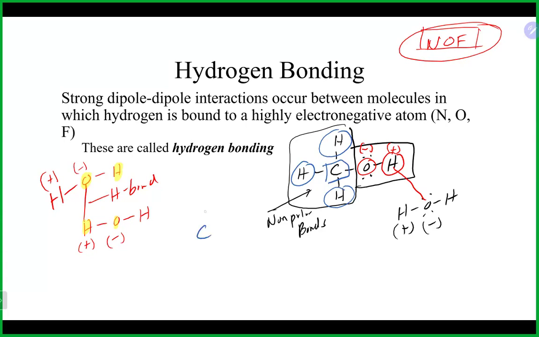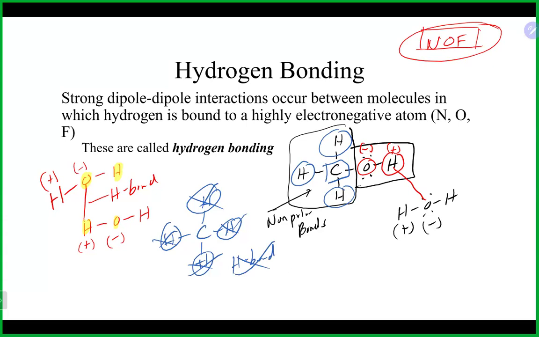If you had something like methane, once again, it has a ton of hydrogens, but none of them can hydrogen bond, because they're not attached to the right thing. They're all nonpolar bonds, which means there is no separation of charge because electrons are being shared equally. In a nonpolar bond or molecule, there is no positive side or negative side, so it lacks the necessary positive or negative charge.